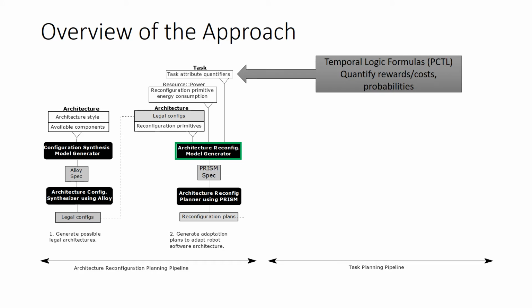From the task model, it receives a set of task attribute quantifiers, which enable quantification of non-functional aspects of tasks like overall energy consumed or probability of collisions against obstacles during a mission. These are encoded in this case as temporal logic formulas that enable a probabilistic model checker like PRISM to quantify these task attributes.